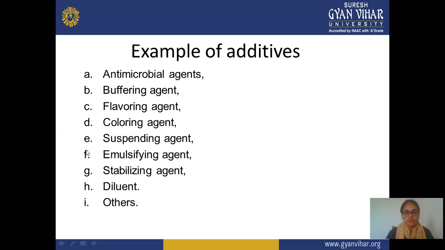It should be stable with your formulation and API, and not show any compatibility problem or interaction with your API and drug. The diluent should also be non-toxic and non-irritant and not show any adverse effect when you are taking your formulation.